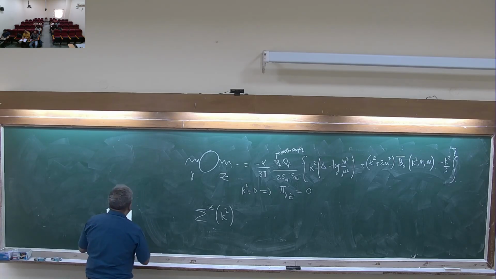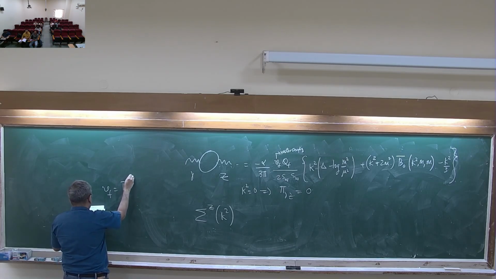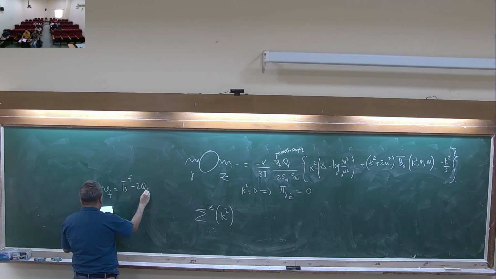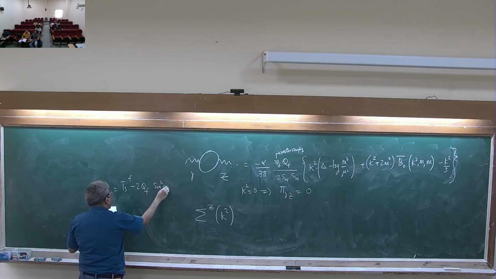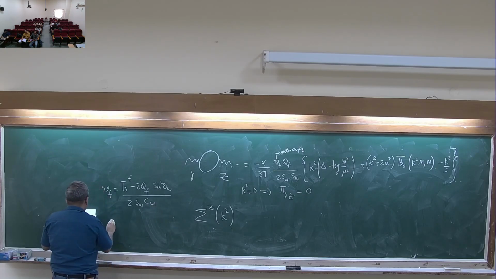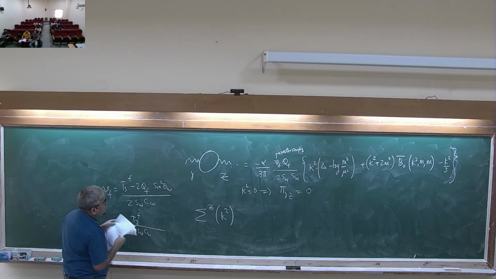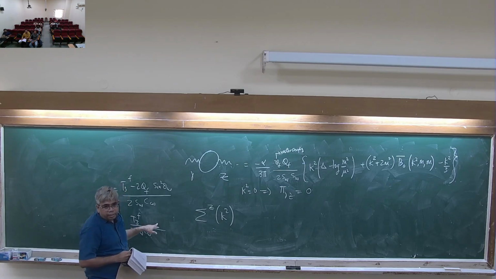So the vector coupling is defined as T3 for the fermion minus 2 charge of the fermion sin²θ_W, over S_W C_W, and the actual vector coupling is T3_F over S_W C_W. The axial coupling comes with gamma 5, the vector coupling comes with gamma mu. This is gamma mu, gamma 5.